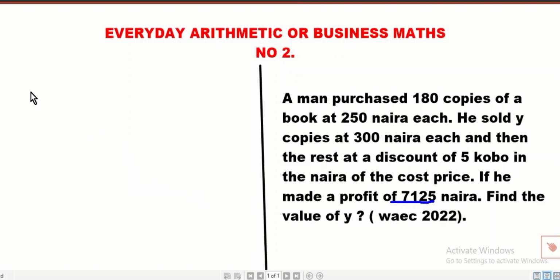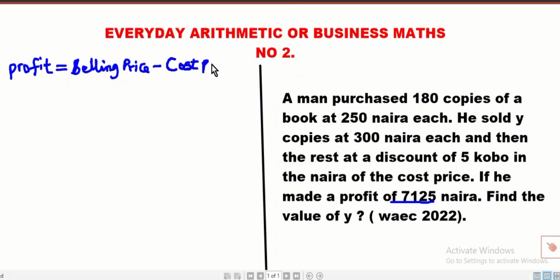I want to bring it to your notice that profit is equal to the amount you use for selling, which is called selling price, minus cost price, and that is the meaning of profit.